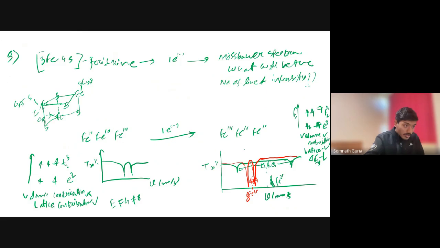So what will be the ratio? As we know, iron 2 is one species and iron 3 is two species. So the ratio will be 2 to 1, 2 for the iron 3.